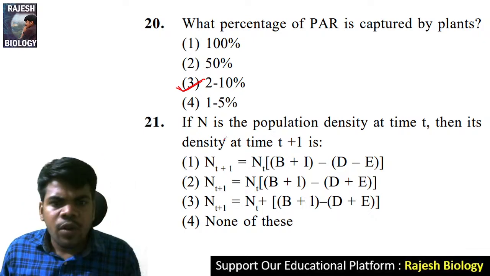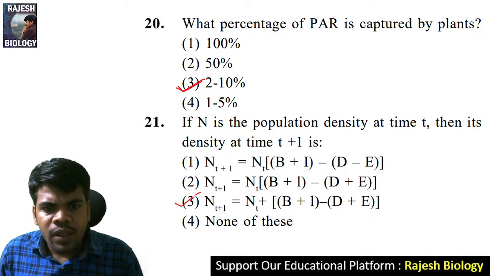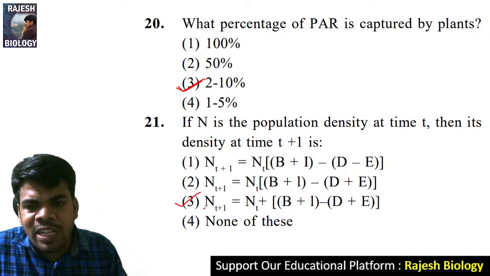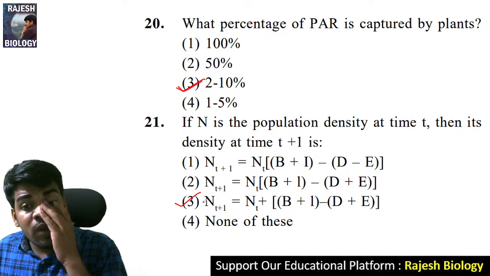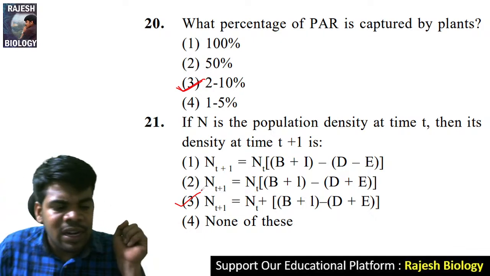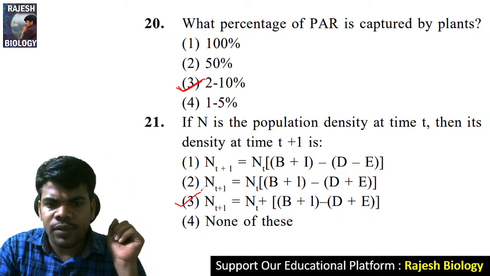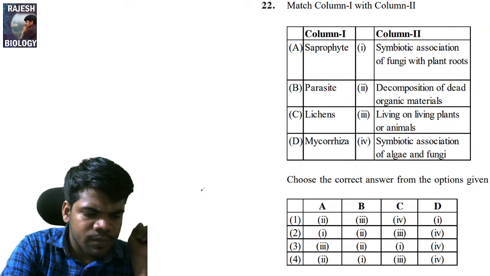Yeah, 21, 3. Very good. Chinnu correct. Nt plus 1 is equal to nt plus birth rate and immigration, both minus death rate and emigration. Correct. Come to the 22nd question.